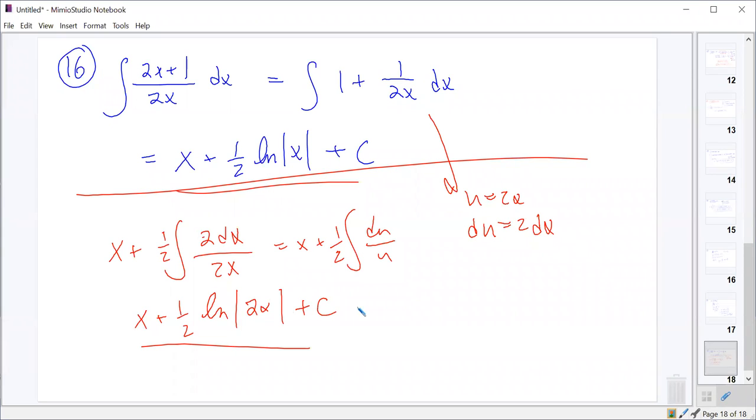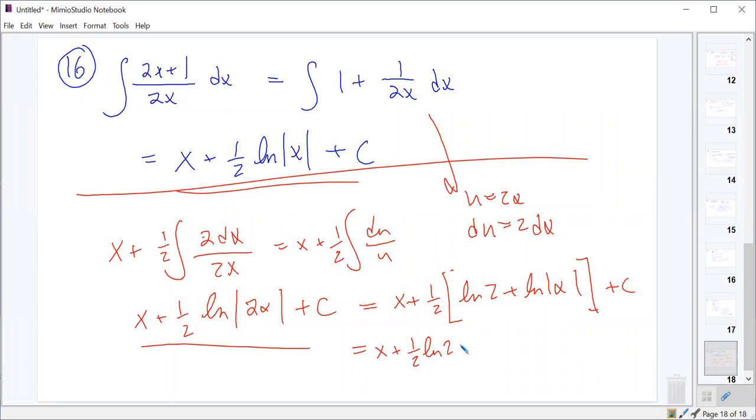But this is the same as x plus 1/2 of natural log 2 plus natural log absolute value x plus a constant, right? Because if I'm multiplying two things inside a logarithm, I can separate them into two different logarithms using addition. And this then is x plus 1/2 natural log 2 plus 1/2 natural log absolute value x plus a constant.